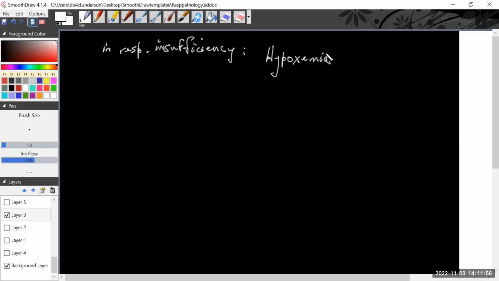So it's a reduction of oxygen in the blood. And the other often pairing that we're going to see here is hypercapnia. So this is decreased O2 in the blood. This is increased CO2.